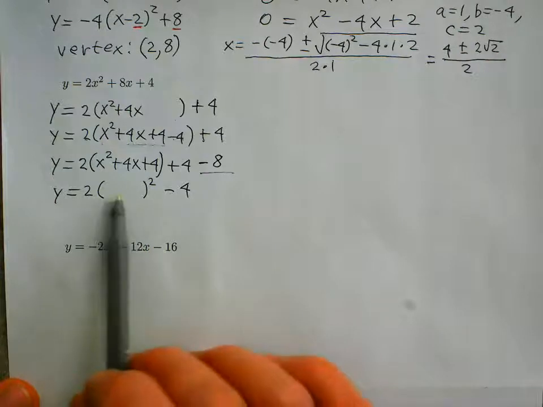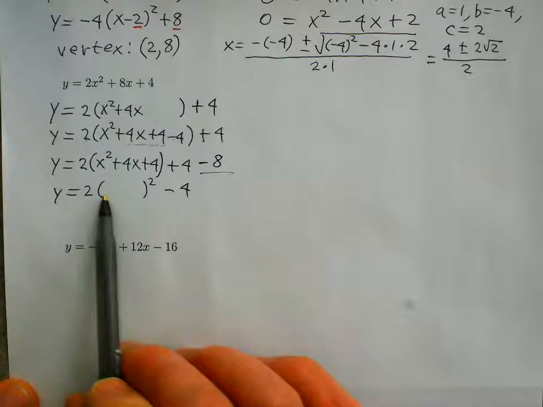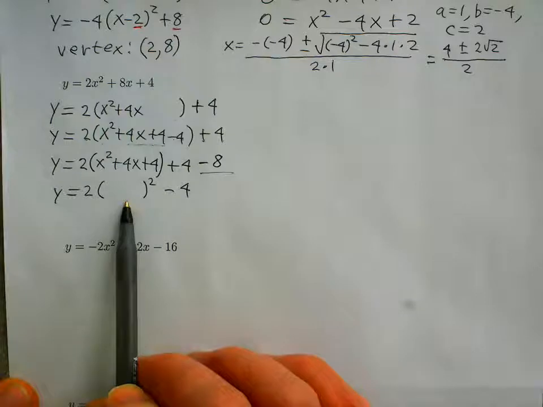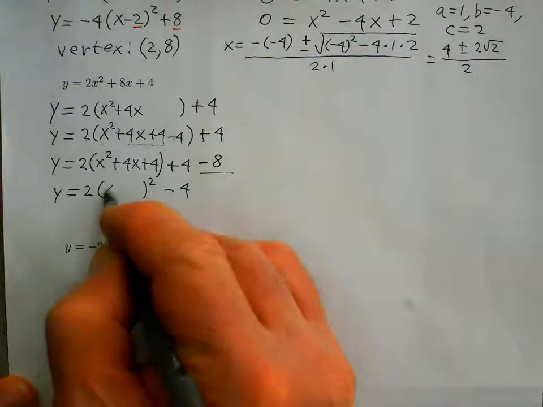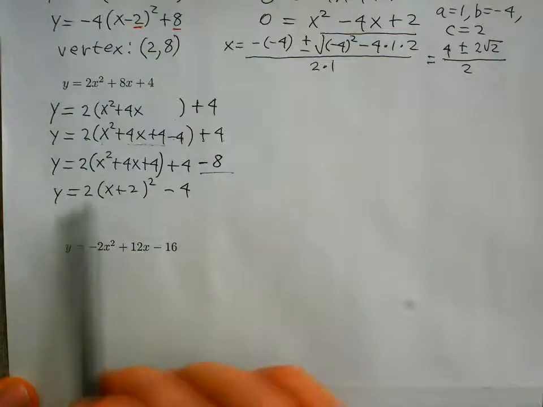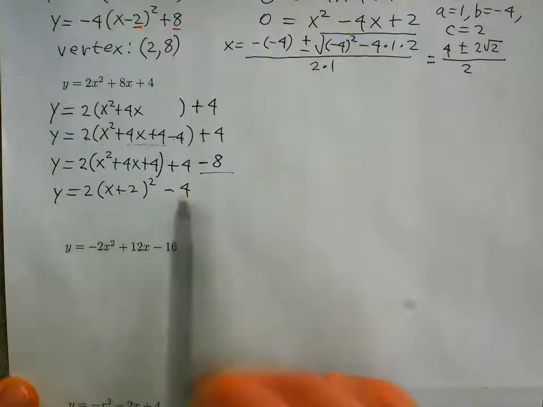Okay, so yeah, online you're one step ahead of me. What's the binomial that we square? Yeah, so this binomial is x plus 2. So this is the vertex form, y equals 2 times the quantity x plus 2 squared minus 4.